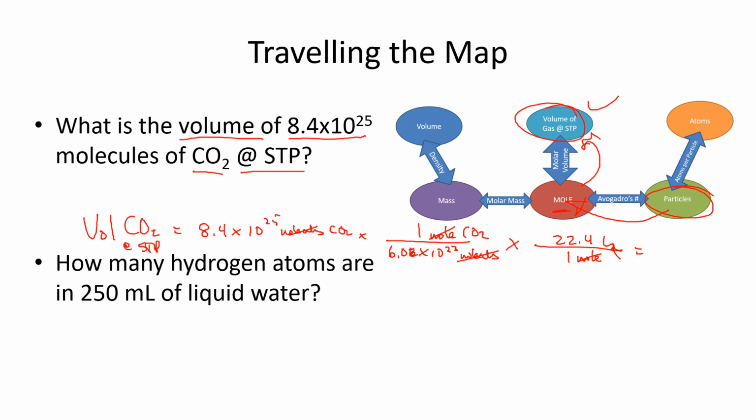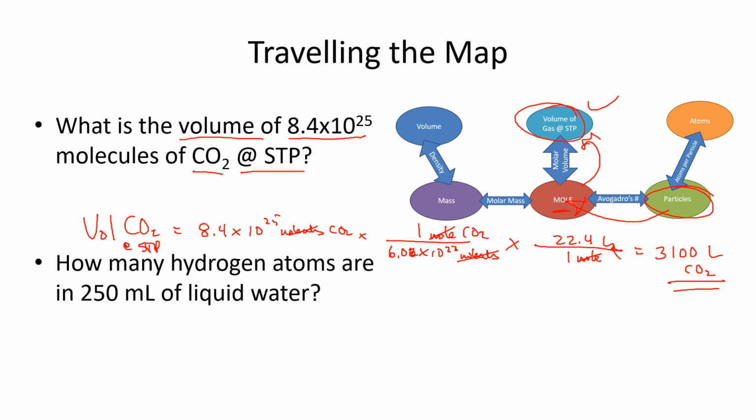So 8.4 times 10 to the 25 divided by 6.02 times 10 to the 23 times 22.4 equals, wow, that's a lot of liters. So 3,000, how many sig figs do I have? I only got 2. So 3,100 liters of CO2. There you go. That's a lot of CO2.